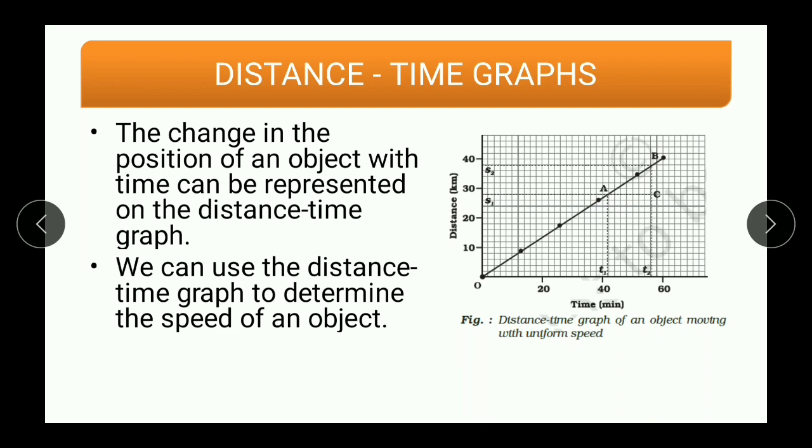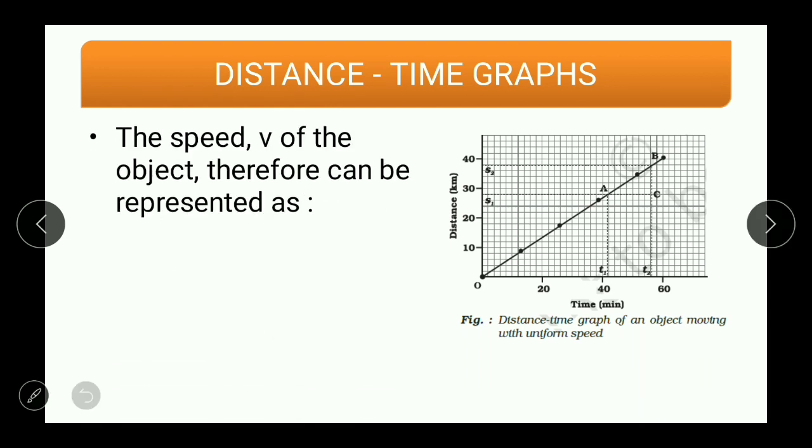And how do we determine the speed of the object from the graph? Suppose you take any 2 points on the distance line, for example S2 and S1, and across them we take times t2 and t1, and if we take the ratio, then we can find the speed. Let us learn about this in a more detailed way.